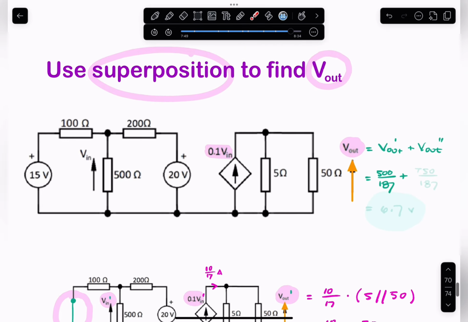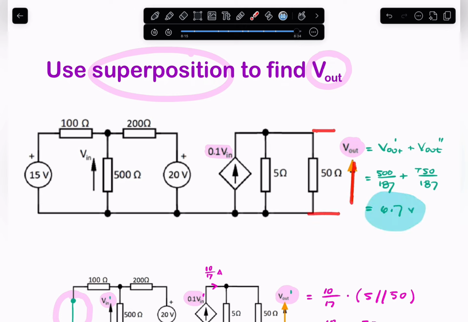And we add to that 750 divided by 187. And that gives us 6.7 volts. So that's our final answer.